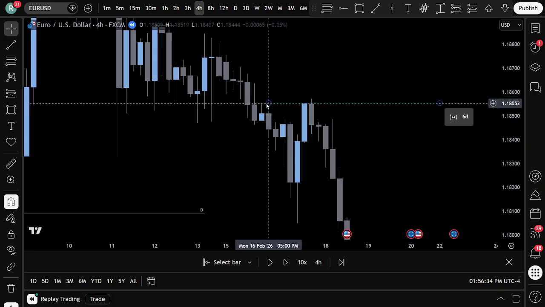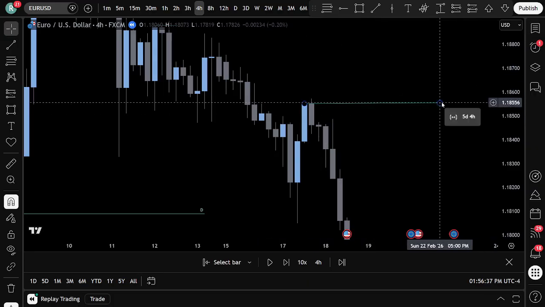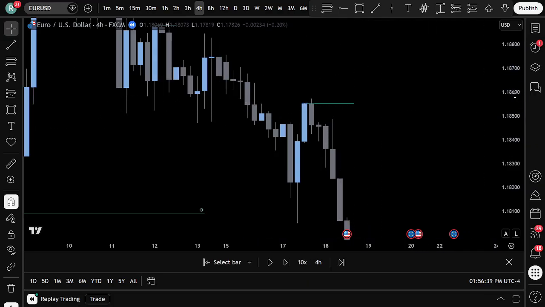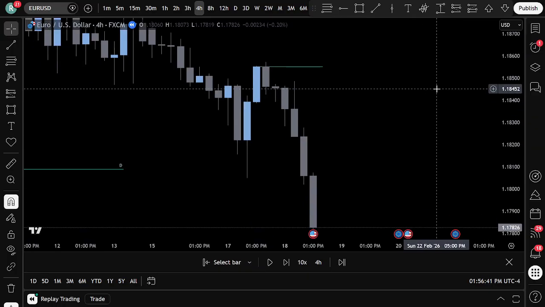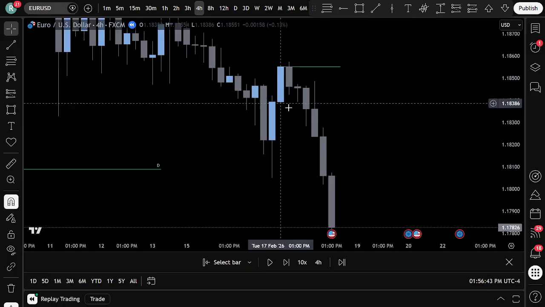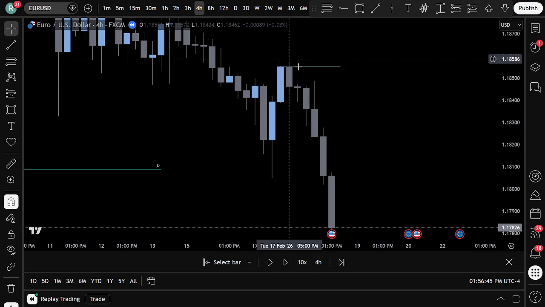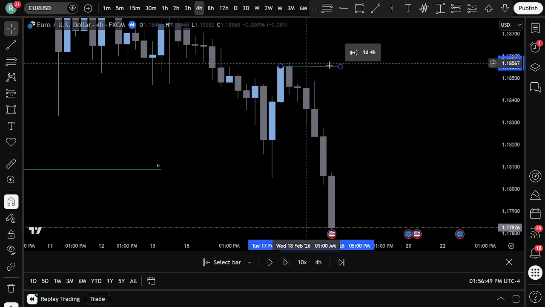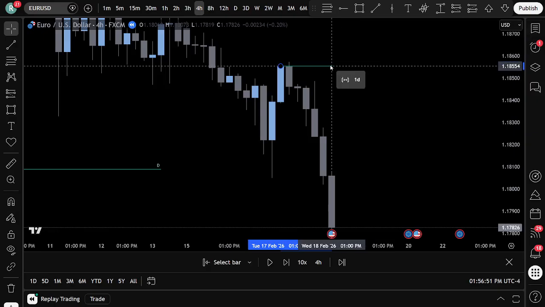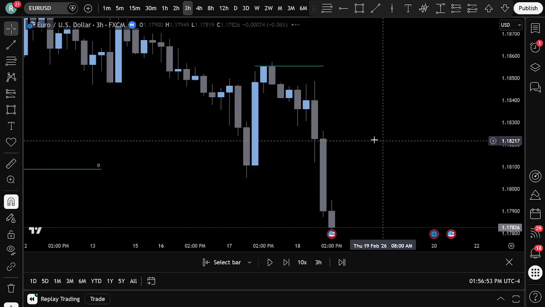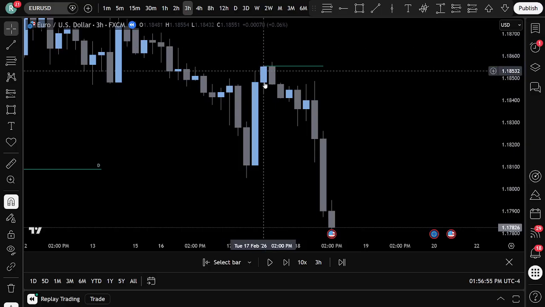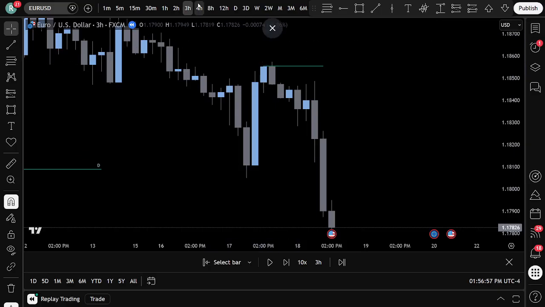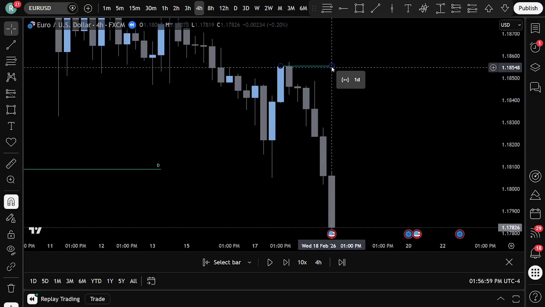And this is why we pay attention to the ranges as they're printing, right? Because maybe we would have got something here, but then the 4 hour shifts, so we get a 3. Yeah, so this is one of those instances where they share a high, the daily and the 4 hour.